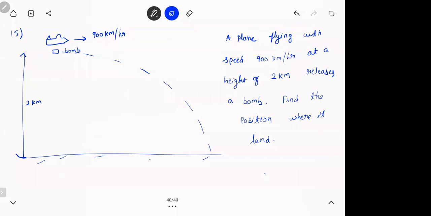Let me show you. The first statement will be this: the bomb will have the same velocity as the plane when released. This is the important thing. So how will this question look?